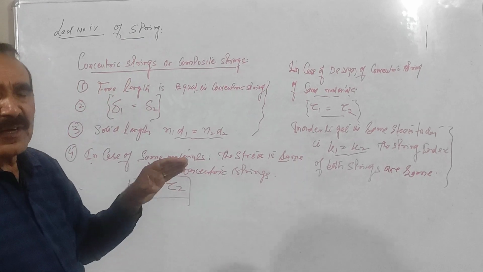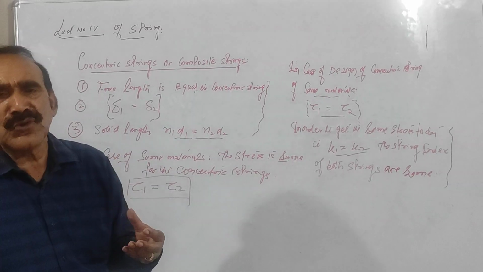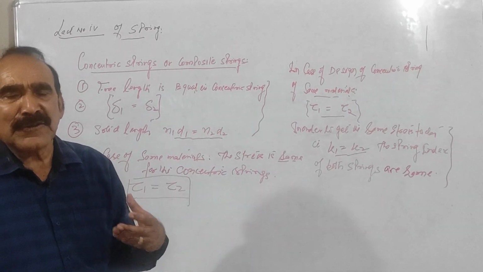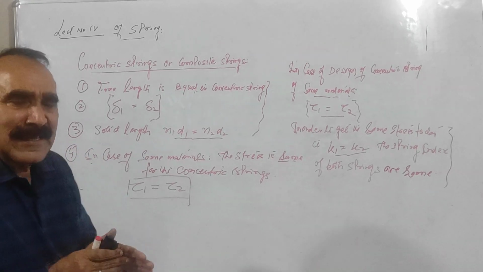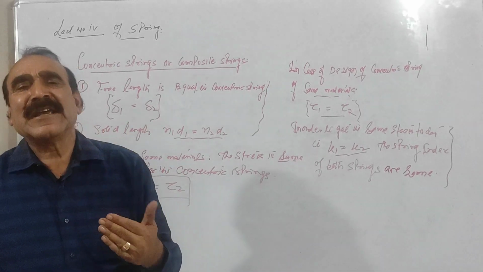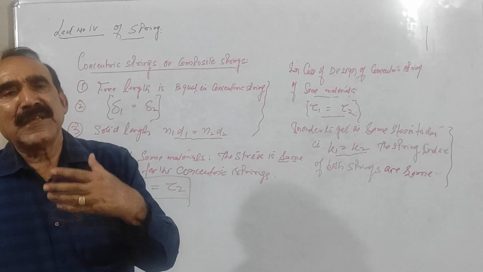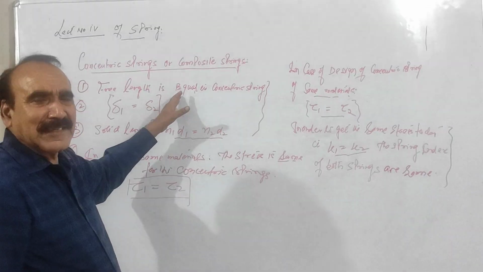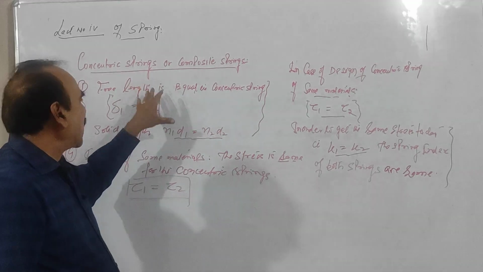I will explain it again. Concentric springs or composite springs are two springs, or more than two springs, which have the same concentric axis, and one spring behaves as an outer spring and the other behaves as an inner spring, right? In this case there are certain conditions which I am explaining to you.